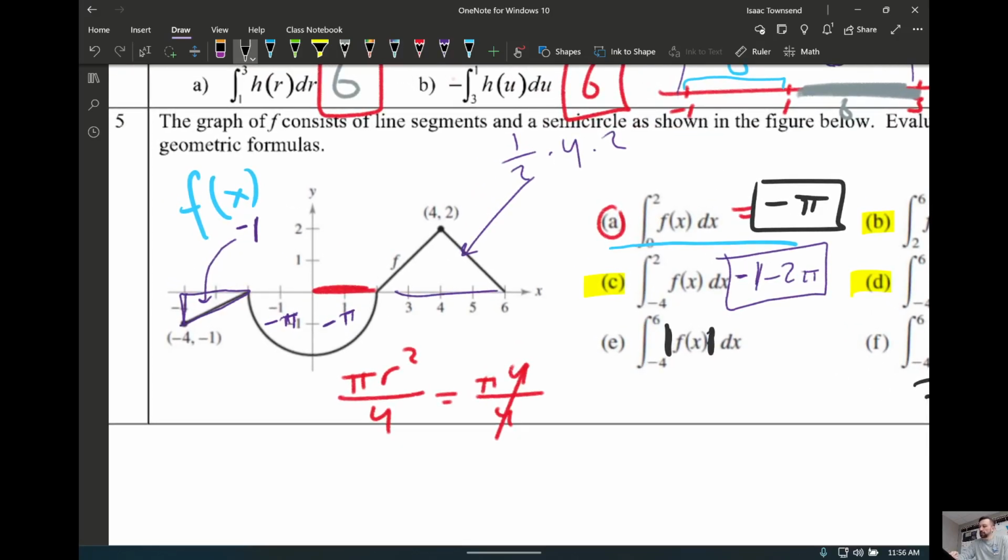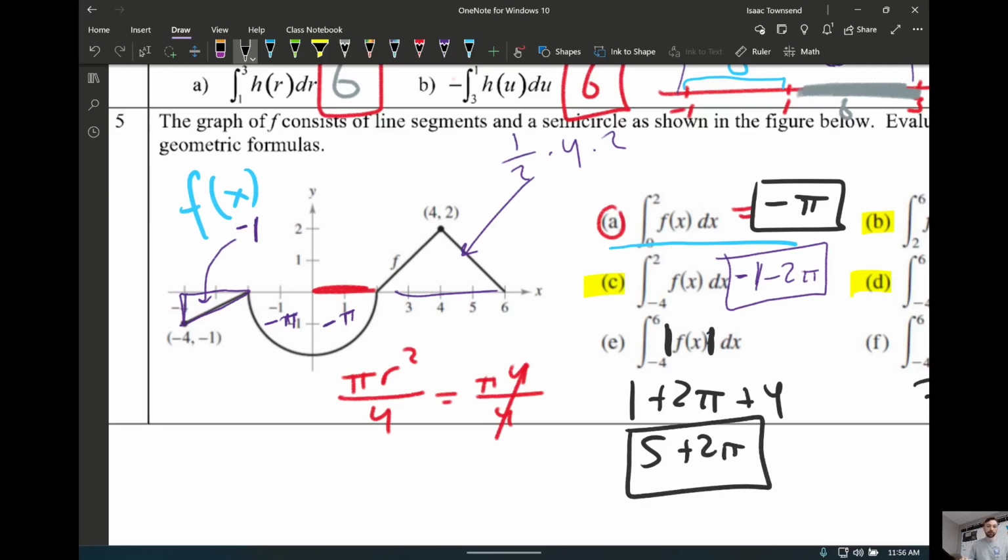I would say from -4 to 6, I have 1. Remember, I'm making everything positive. 2 pi and 4. So that's where I ended up with the 5 plus 2 pi.